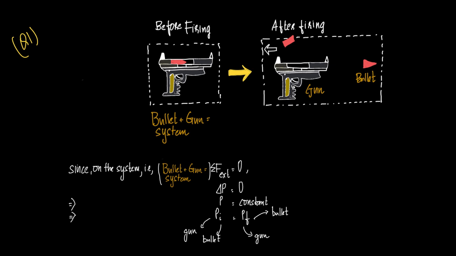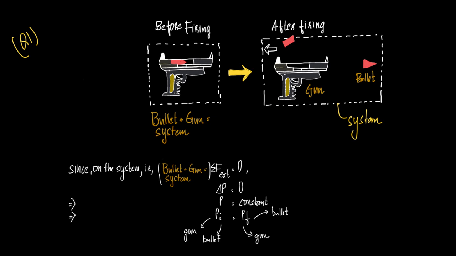So what we have here is the system. What we consider is the bullet and the gun. So what is the system? The system is this complete system. This dotted line represents the system, and it comprises the gun and the bullet. Now we consider the system before and after firing.